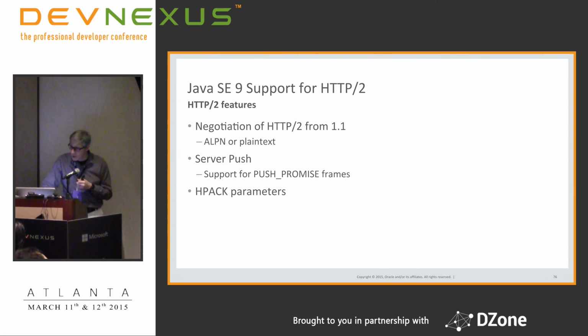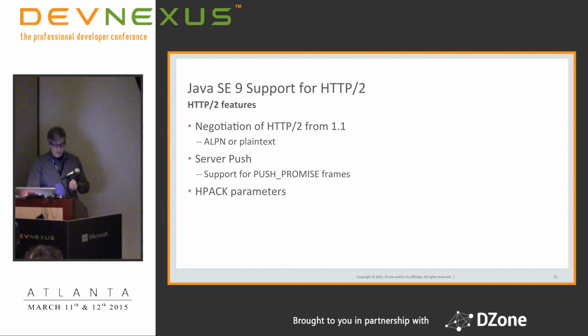This is important for us because in servlet land, Java EE 8 does not depend on Java SE 9. It depends on Java SE 8. So if we're going to make use of any of this code, it has to somehow be able to run on SE 8. So that's going to be a challenge to negotiate.